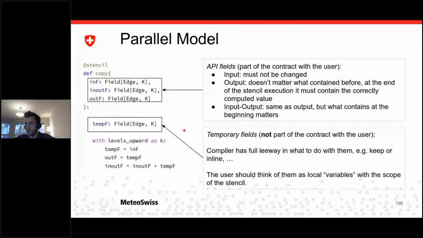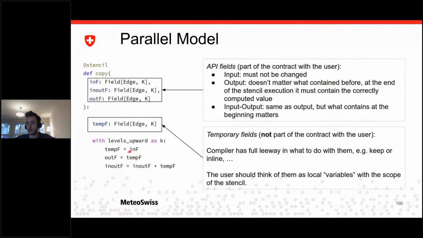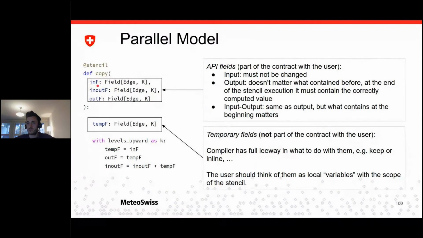So this was already presented, but I reiterate because it is important. We have API fields and temporary fields. Maybe a remark here, we don't have, for example, a const keyword for now to express input fields. We always derive it from the usage. So you can see enf is never written into, so we derive that it's an input field. But maybe for correctness, we could add this feature.